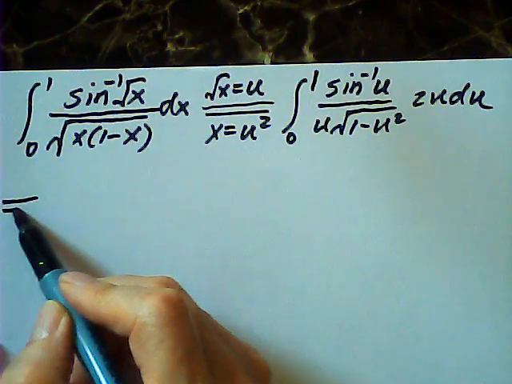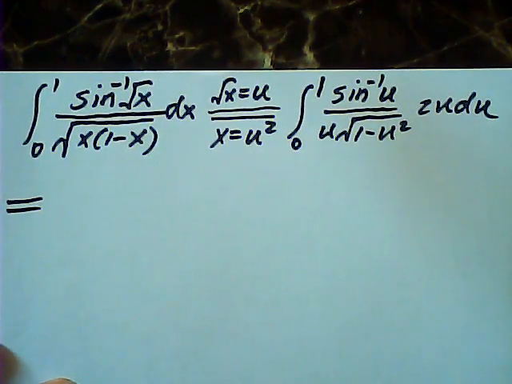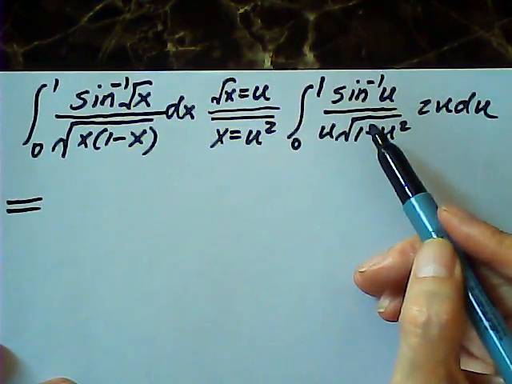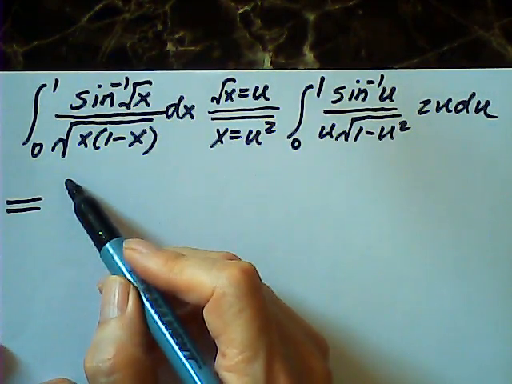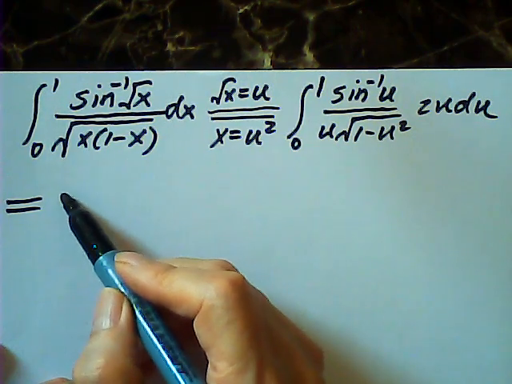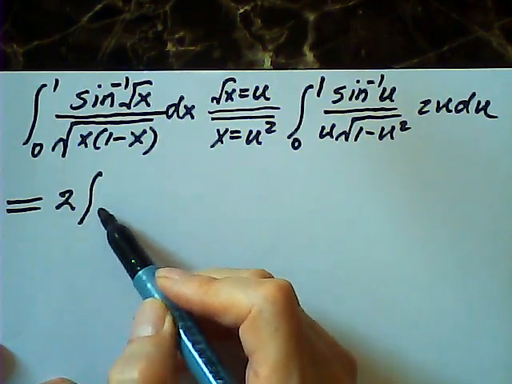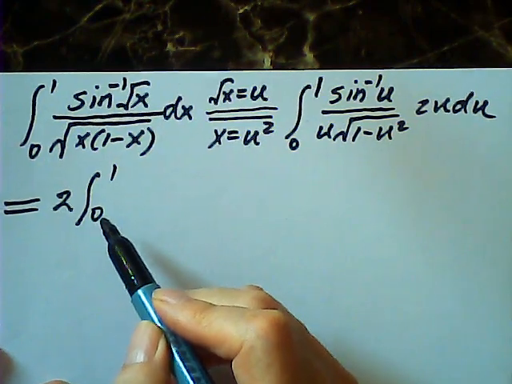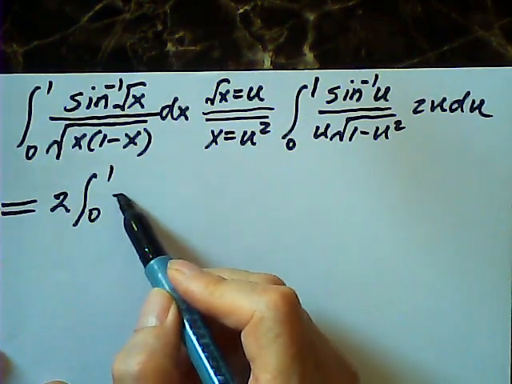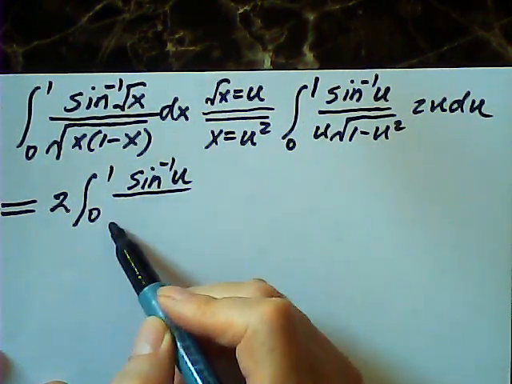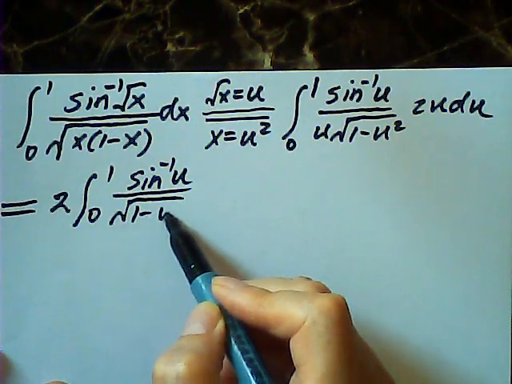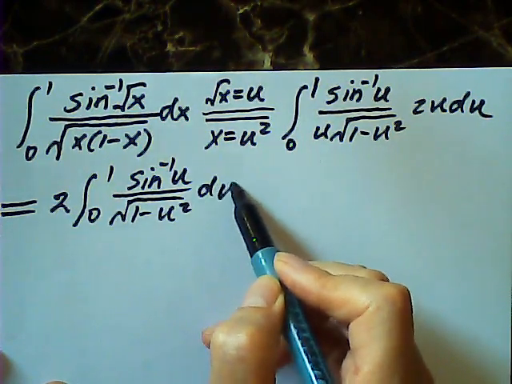Now then you cancel out. Okay, this becomes 2 taking out, 0 to 1, and arcsine u over square root of 1 minus u squared du.